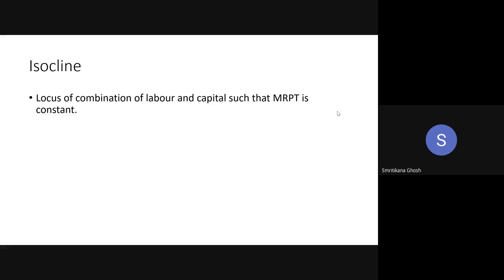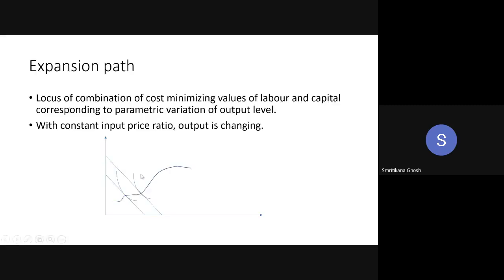Now look what will happen. Here, there are two isocost lines. Each isocost is showing one W by R. This is a W by R which is same as W by R here. Now look, you may take another point here, and these two points' MRPT may be same, but they are not the equilibrium.